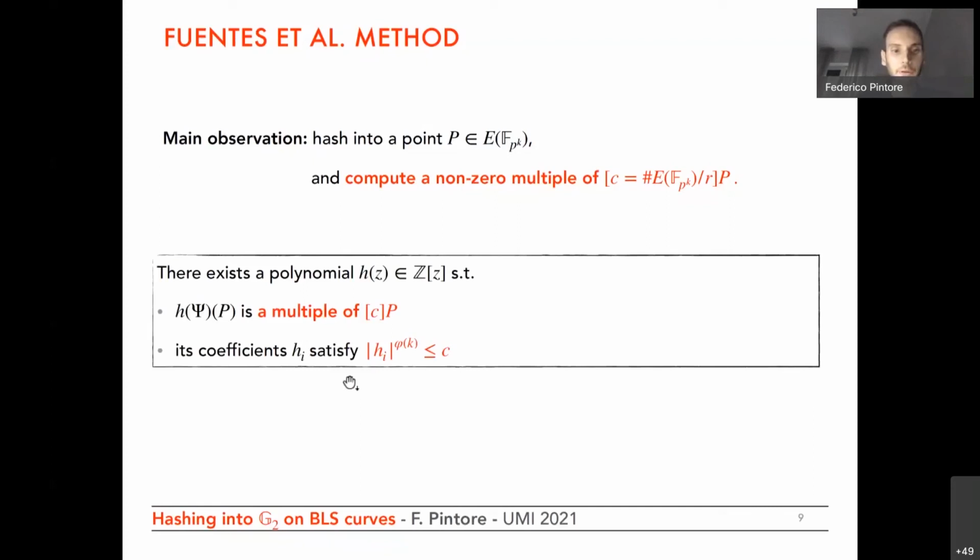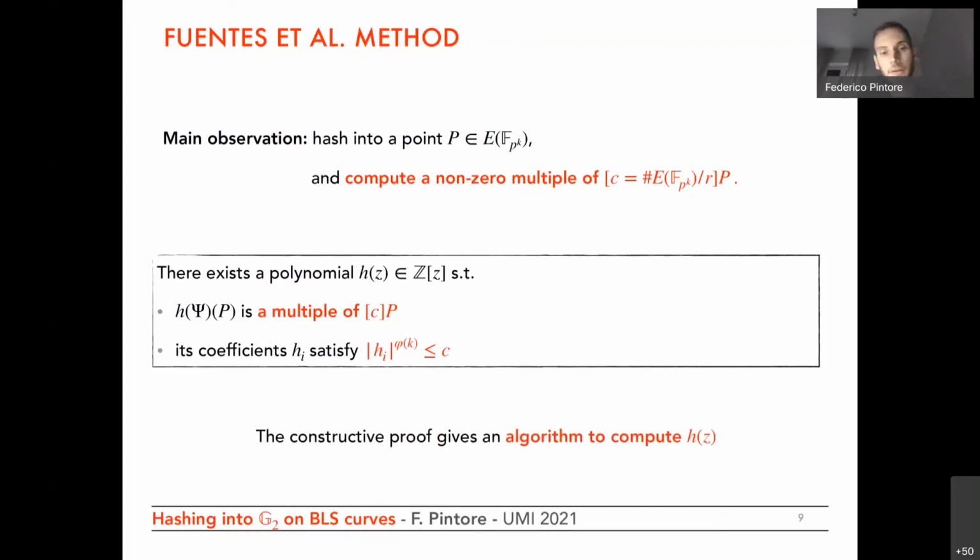In particular, they proved a theorem saying that there exists a polynomial h(z) such that if we evaluate the polynomial h on the efficiently computable endomorphism psi, then h(psi) applied on P, where P is a point in G2, gives a multiple of cP, as we wanted. And we have some constraints on the degrees and on the sizes of the coefficients of this polynomial.